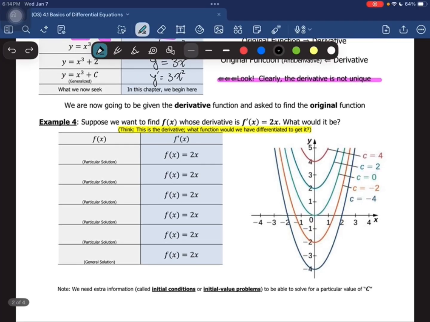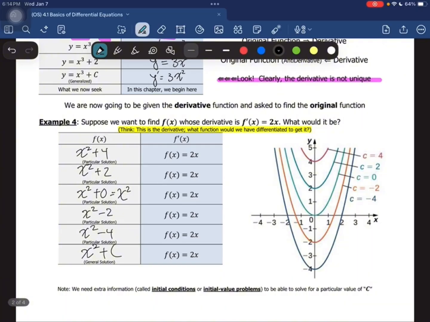So example 4, again, this is just showing that we can have many different particular solutions. For instance, x squared plus 4, x squared plus 2, x squared plus 0, or just x squared minus 2, x squared minus 4, or generalized, x squared plus c, where this c is a constant.